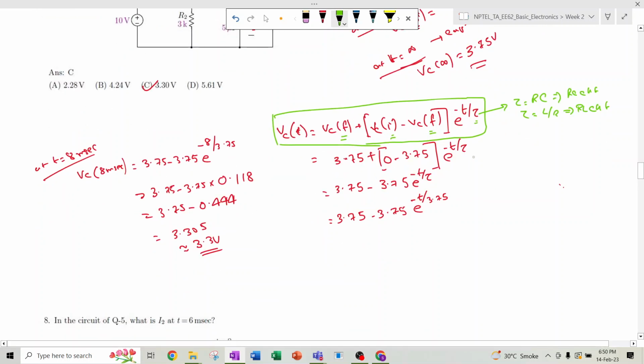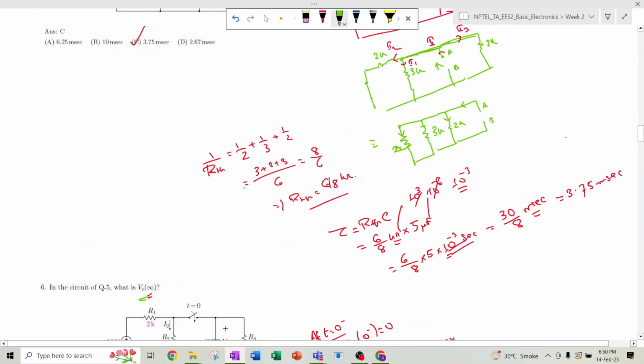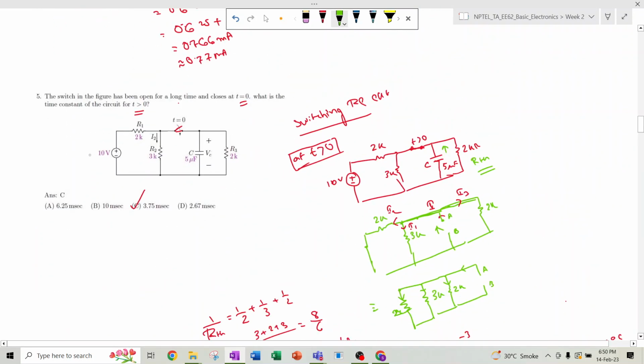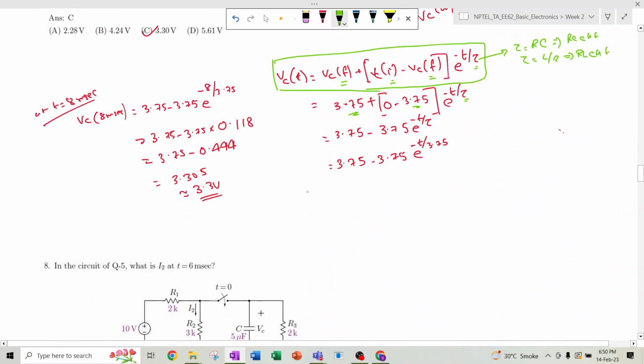So here the final value is 3.75, plus the initial value, which is 0, so 3.75 into e to the power minus t by tau. The value of tau we already derived in the earlier problem, so I am using this t by 3.75.